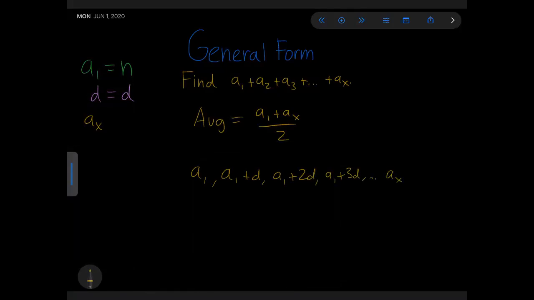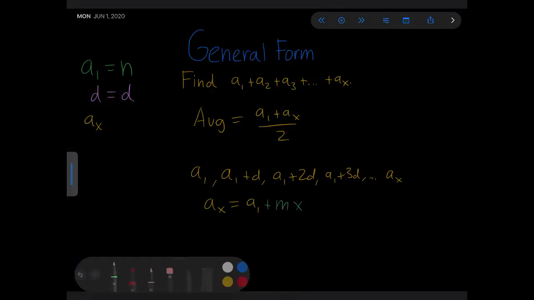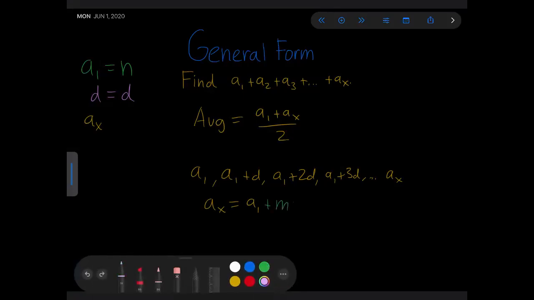How many terms are in this sequence? That's what we want to find. We know that a sub x can be rewritten as a sub 1 plus, let's call it m, MD.